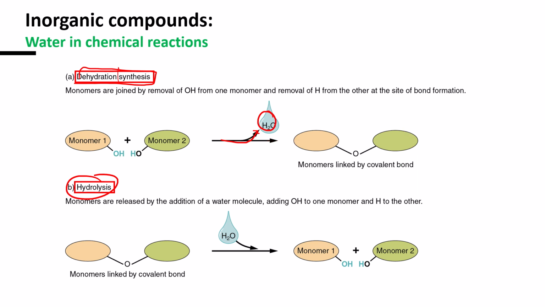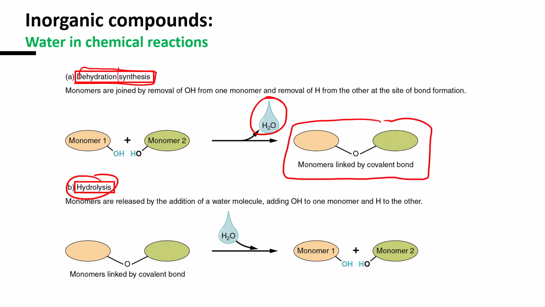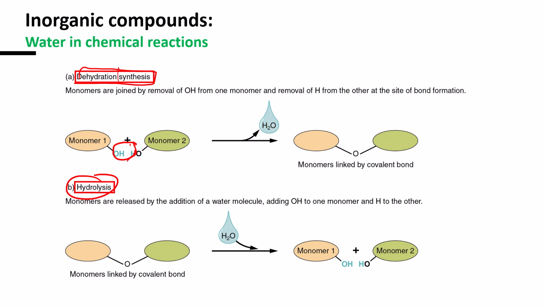Remember, a synthesis reaction is when you have two different things and then they will fuse. So the chemical reaction will take place, and that means that you will now have a product and you will have water. Okay, water, because this H2O came from here. All right, and the reaction that is the opposite is hydrolysis.